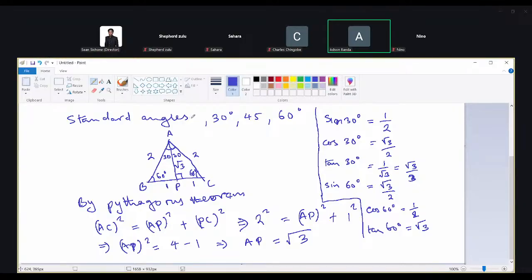But of course, you're able to see what's going on and you're able to follow.